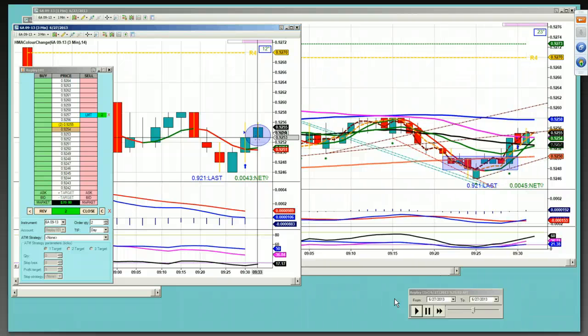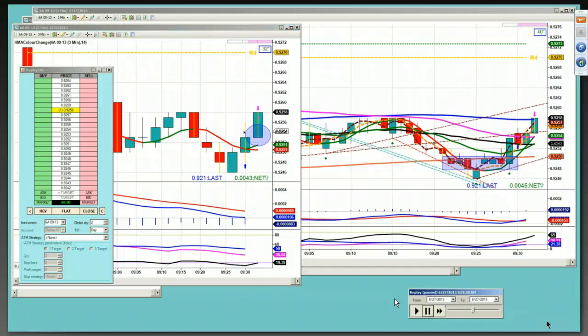My HMA has changed color from red to green on my 3-minute chart. Regardless of the 50 and the 100, I don't care about them at this particular point. And then we just got our 3 little ticks. Okay, I'm trading at 2.